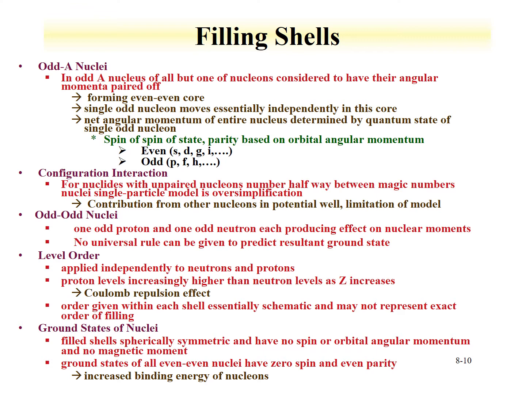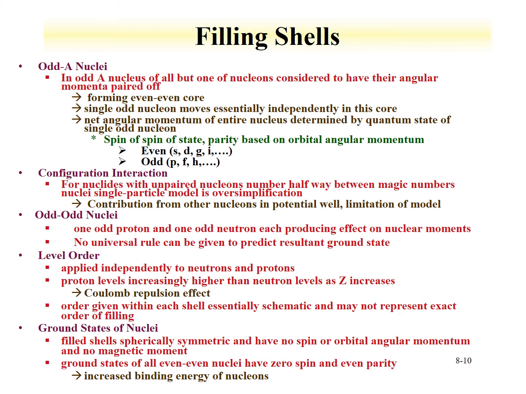So whatever state that unpaired nucleon is, the spin of that state will define the spin of the nucleus. The parity will be based upon the orbital angular momentum. So s's, d's, g's, i's have even parity. p's, f's, h's have odd parities.